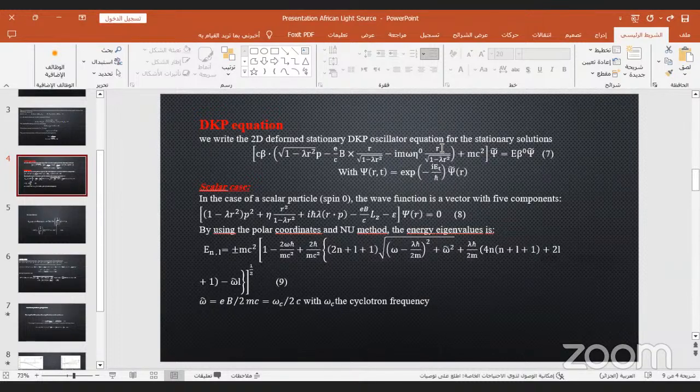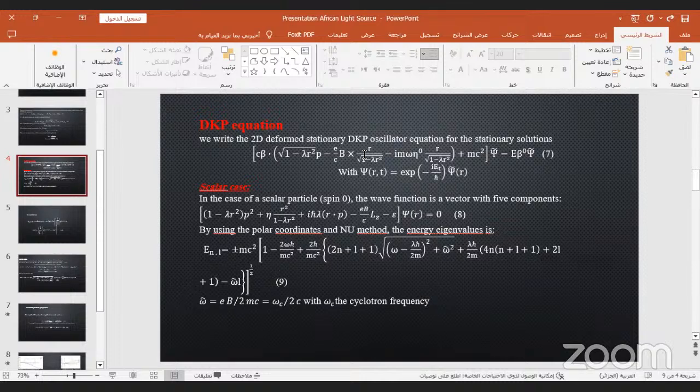Because here we have used the oscillator expression, as we can see with the i m omega, and here the interaction of the magnetic field with the intensity of the magnetic field B. That's all. Got it.